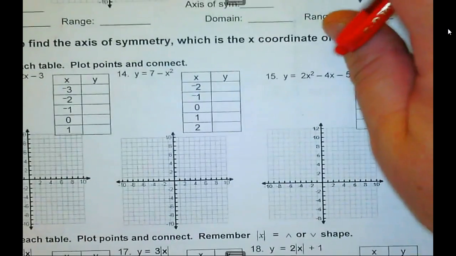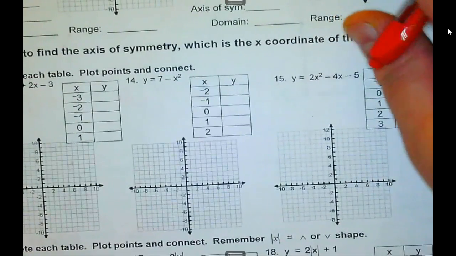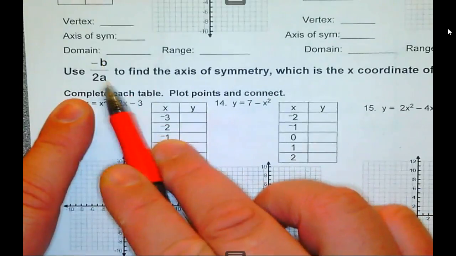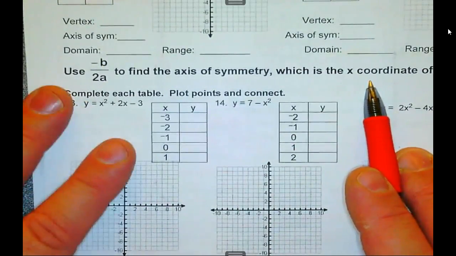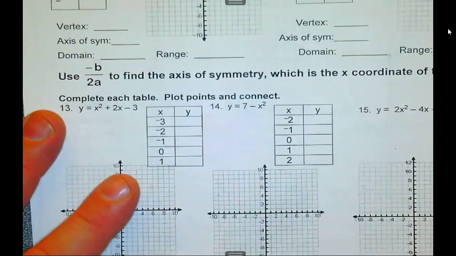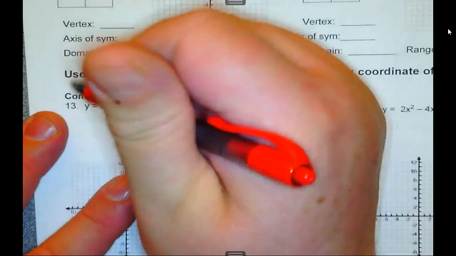Okay, the next page, it says use negative b over 2a to find the axis of symmetry. We're not going to do that right now. We're going to do that when we get into factoring.